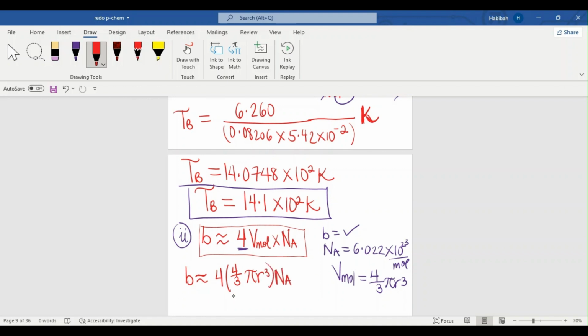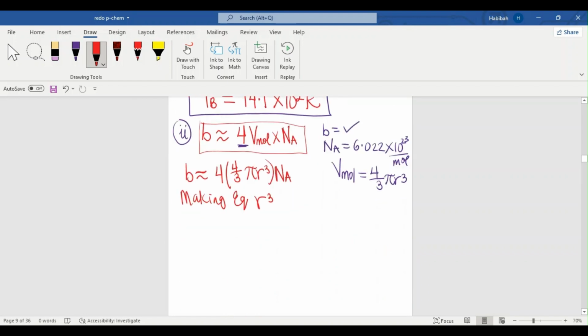Making the subject of the equation in terms of r cubed, we get r cubed equals 3B divided by 16 pi Na. By the way, pi here is the constant 3.142. I'm just going to say 3.1416 because I want to make sure that I use as much of the raw value as possible.